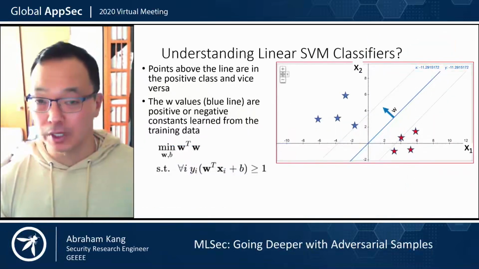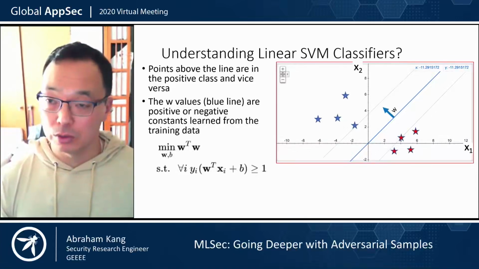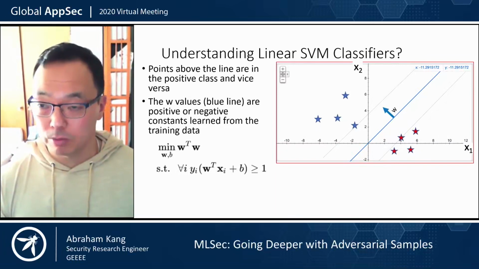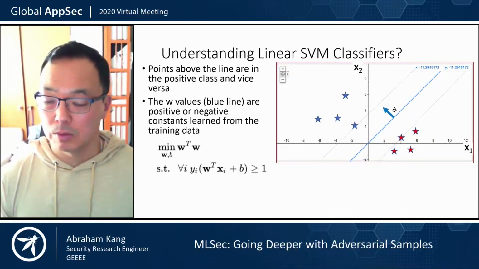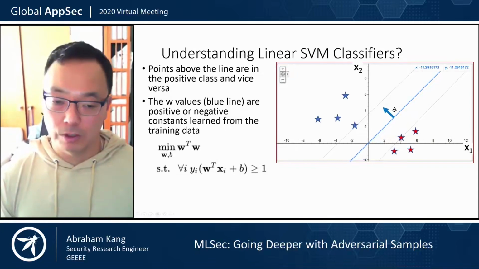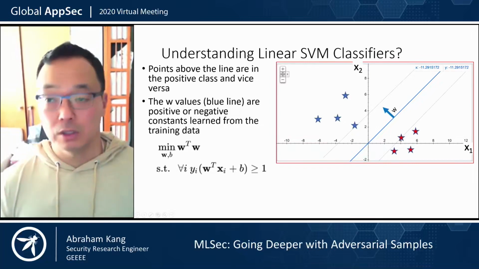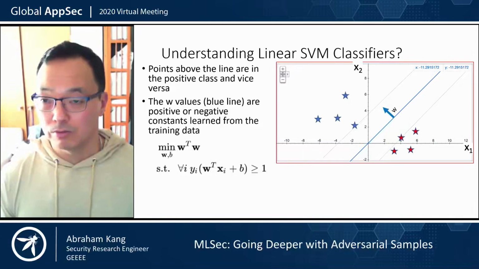When you look at support vector machines, what we're doing here is trying to maximize the distance between the closest point and the boundary line, the machine-learned boundary line. We have this formula here that we use, which is our objective and our constraints. The same thing can occur with linear support vector machines.